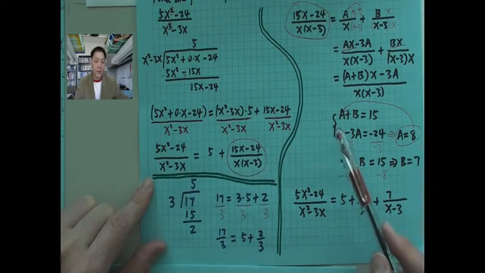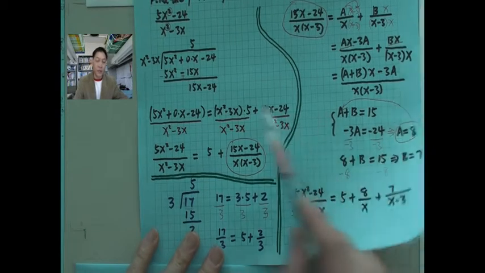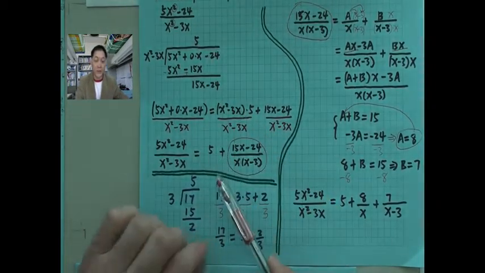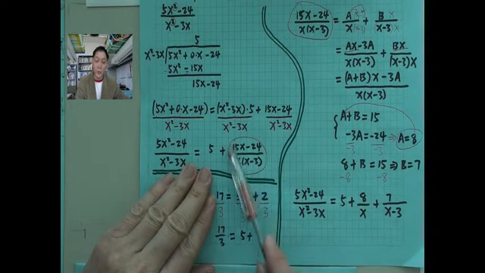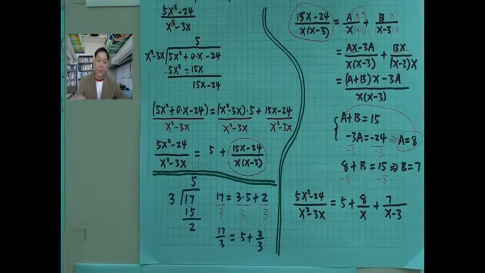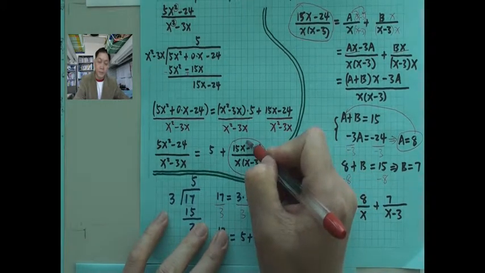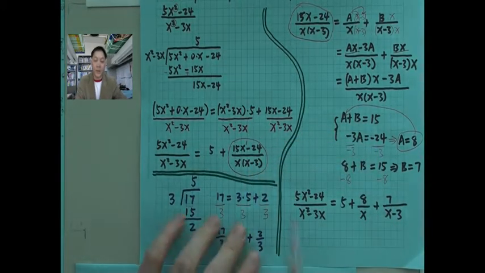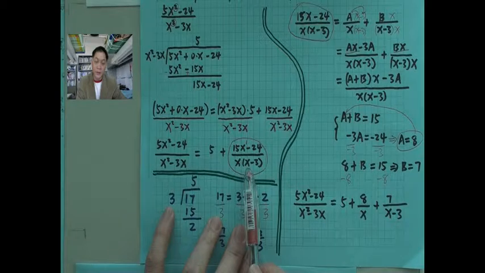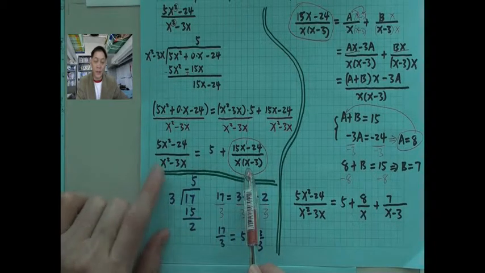So the division right here, you can see, helped us to lower the degree of the numerator. You see here the degree of the numerator is 1. And here the degree of the numerator is 2. x times x is x squared right here.